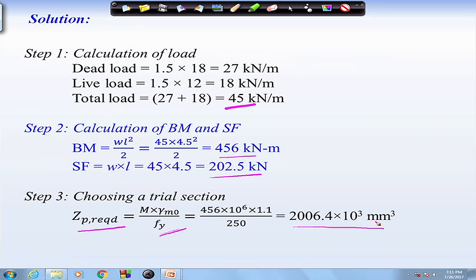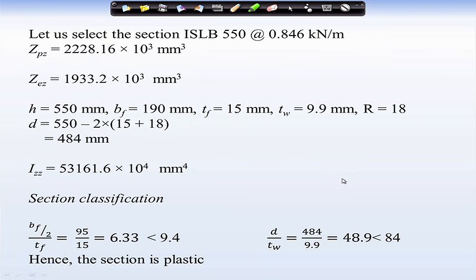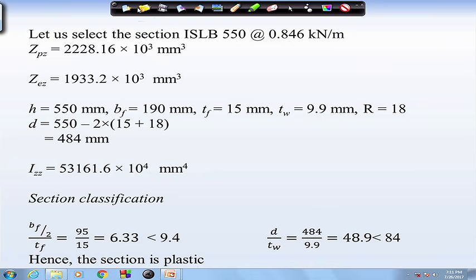So, this is the required ZP, and we will try to choose a section such that its ZP value becomes a little higher than the required one. Through SP6 we could find a section, ISLB 550, whose ZPZ is slightly more than the required one, that is 2228.16 into 10 to the 3 millimeter cube.